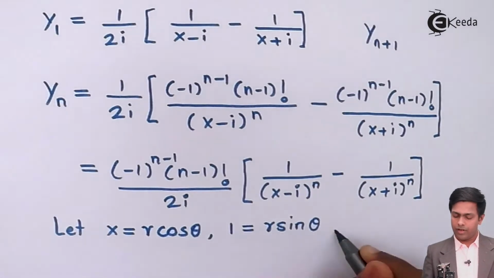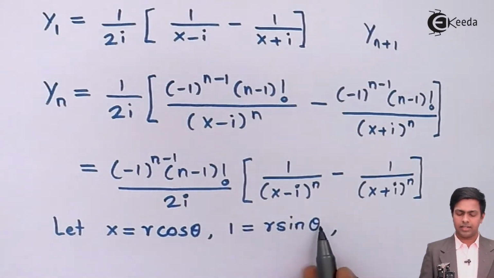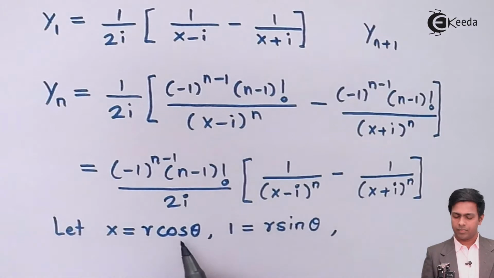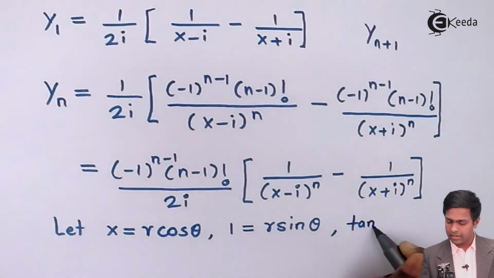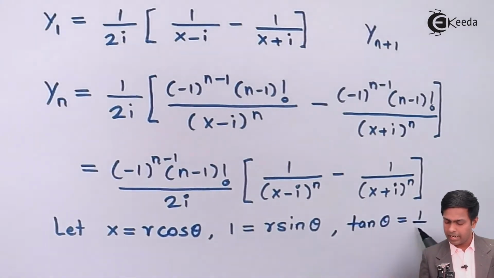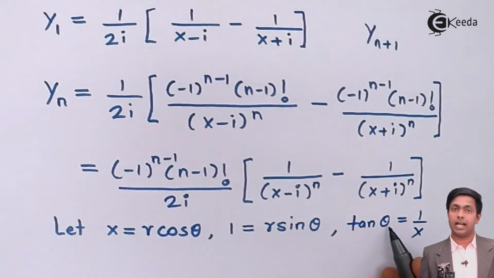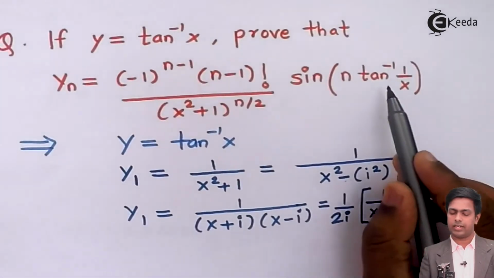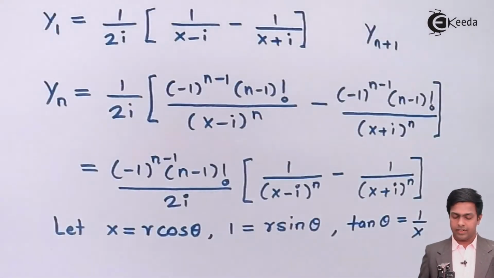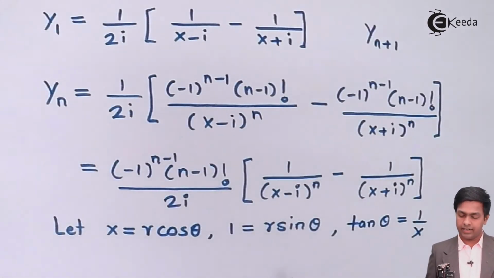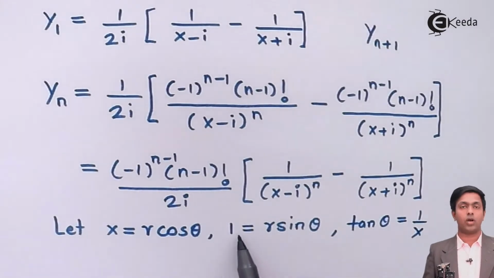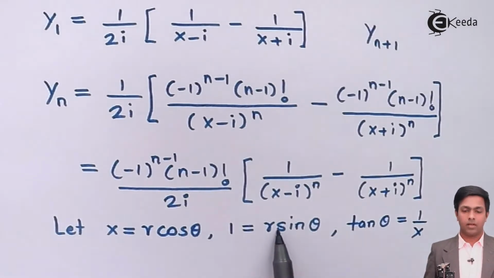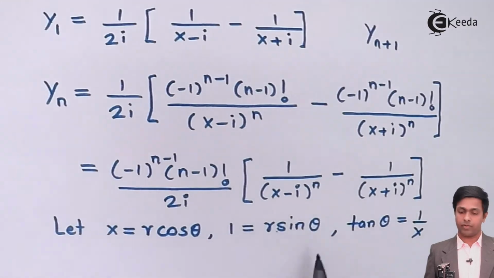So therefore if I divide these two terms, that is r sin theta by r cos theta, we will get tan theta. So here I'll say the tan theta will be 1 by x, or theta will be tan inverse of 1 by x. So we can get this value, that is tan inverse of 1 by x. Next, if I square it and add it, then we'll get x square plus 1 as r square, because cos square theta plus sin square theta will be 1.